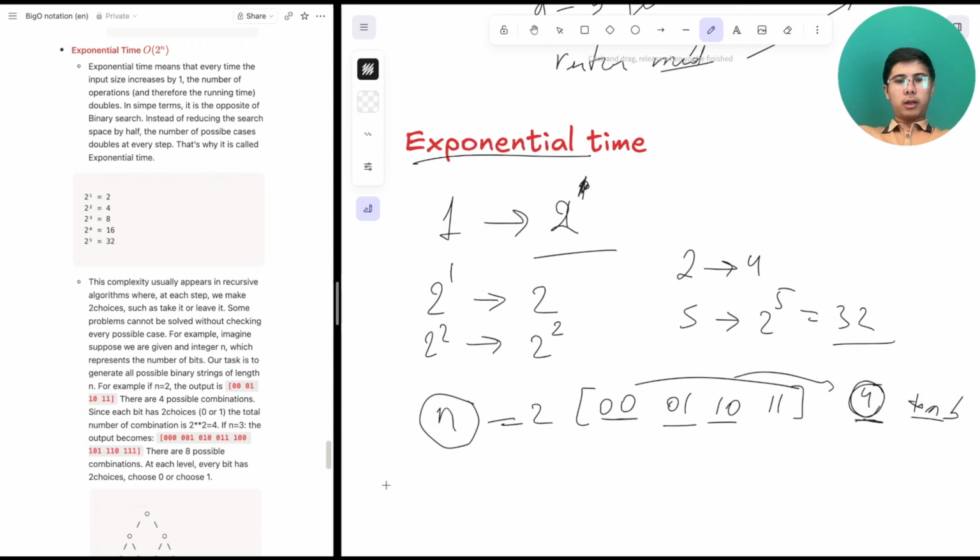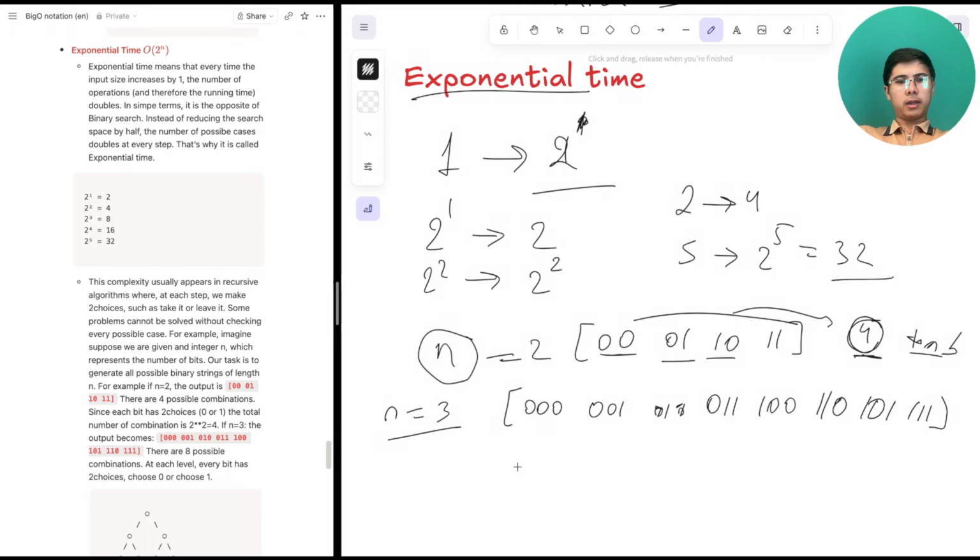So if our input is equal to 3, the output becomes like this in bit format: 0 0 0, 0 0 1, 0 1 0, 0 1 1, 1 0 0, 1 1 0, 1 0 1, and 1 1 1.